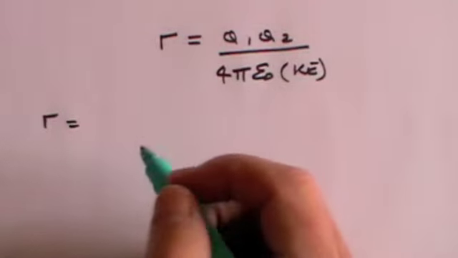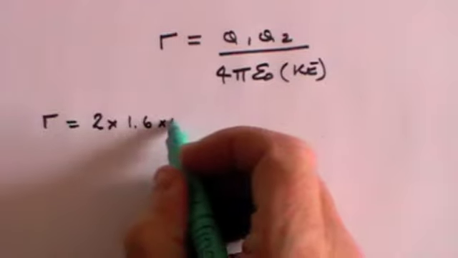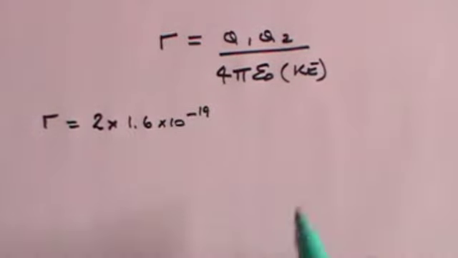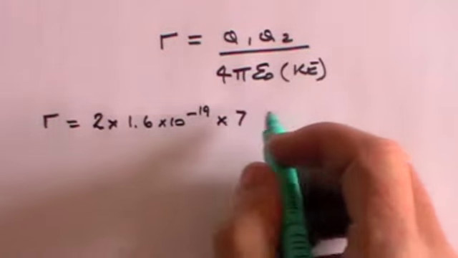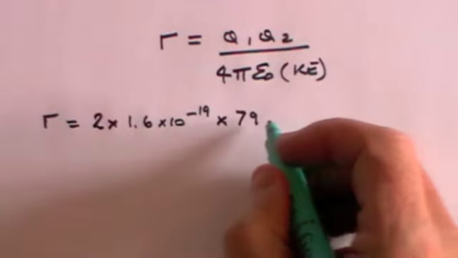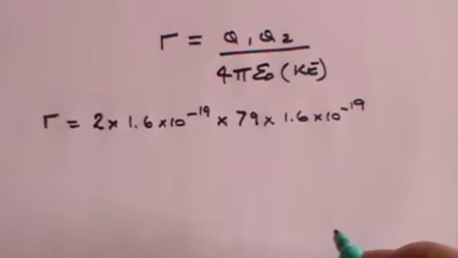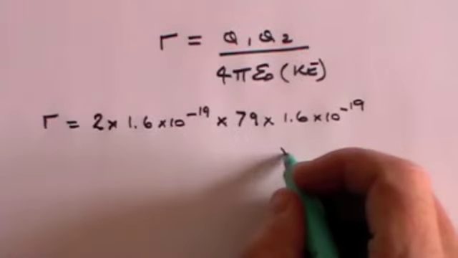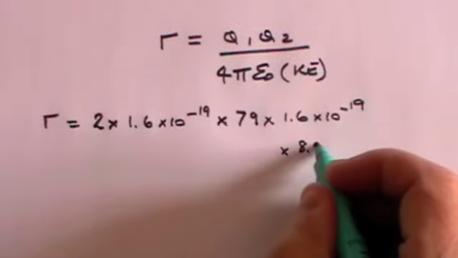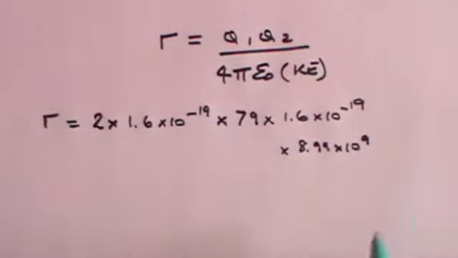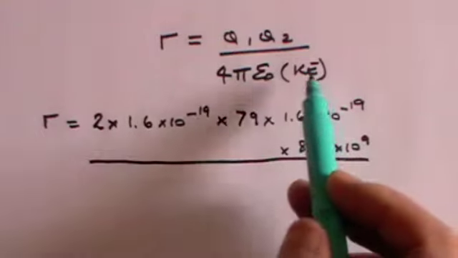The alpha particle has 2 protons, so that's 2 times the charge on a proton, which is 1.6 times 10 to the minus 19 coulombs, times Q2, which is the charge on the gold nucleus, and that's got 79 protons, so it's 79 times the charge on a proton, 1.6 times 10 to the minus 19, times, and now we've got the 1 over 4 pi epsilon naught term, which is 8.99 times 10 to the 9. That's all in the numerator, divided by the kinetic energy.